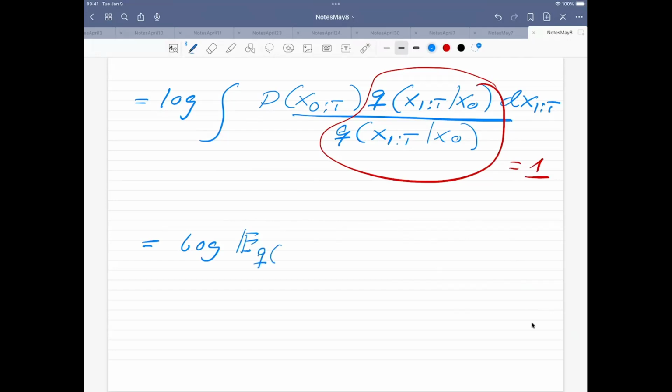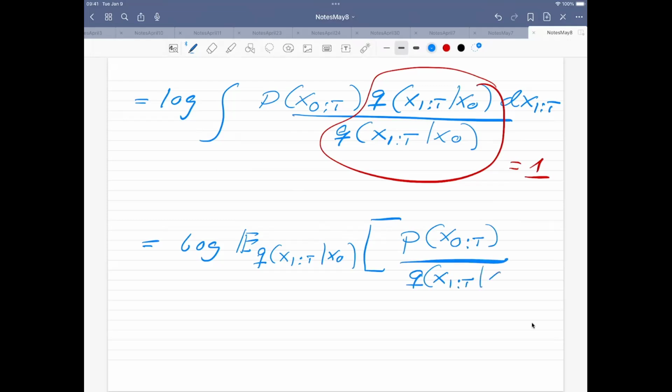So the probability which we use to draw the x's from 1 to t given x0 is now given by this expectation value of p of x0 to t divided by q of x1 to t with x0 as input. So that's an expectation value, which looks like what we had previously when we looked at variational autoencoders.